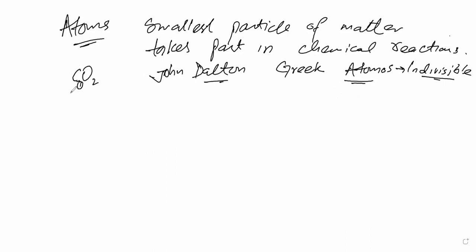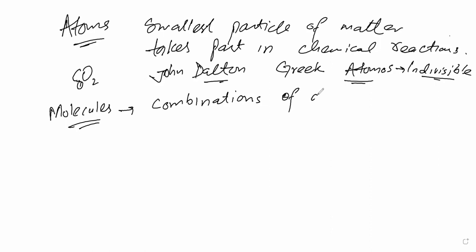So next we are going to study the molecules. What are the molecules? The molecules consist of atoms. You can simply define molecules as a combination of atoms. Means when atoms chemically combine, molecules are formed.